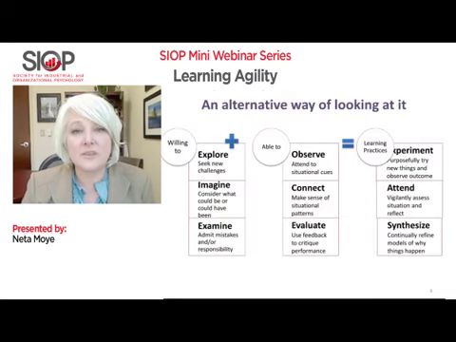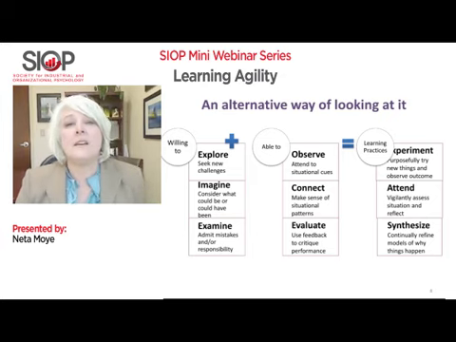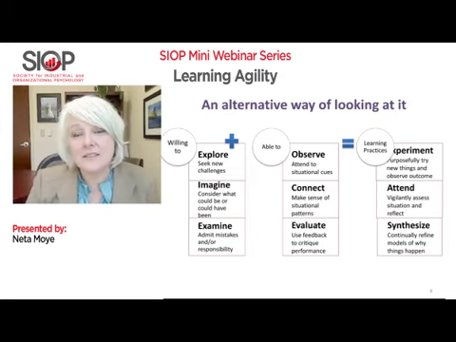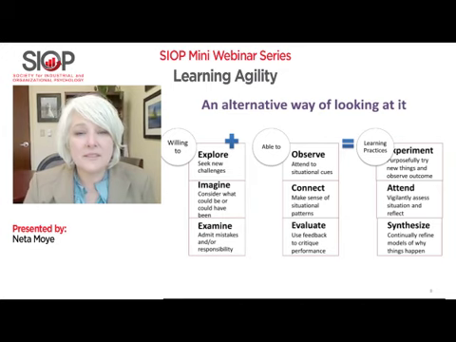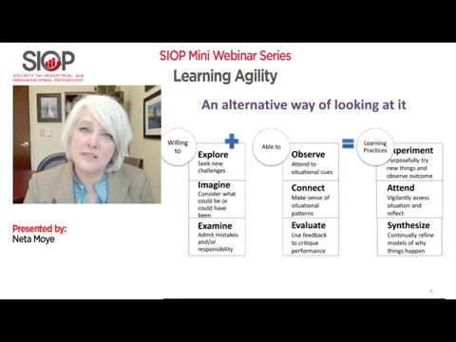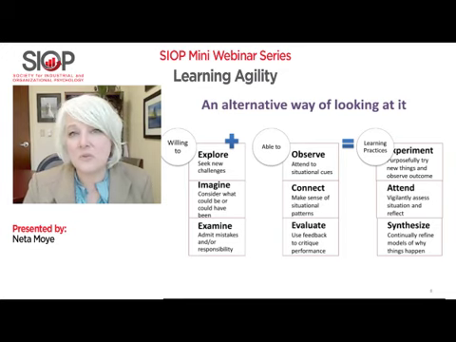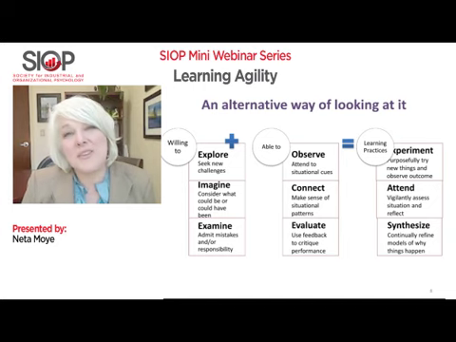There is one thing I want to show you though. There's also an alternative way of looking at learning agility. It's in process now. It's not actually been released yet, but it's an attempt to separate those things that are more about motivation or the willingness to learn from those that are more about the ability to learn, and to separate those from the behaviors, the learning practices, that you would see. That's what's on this slide.